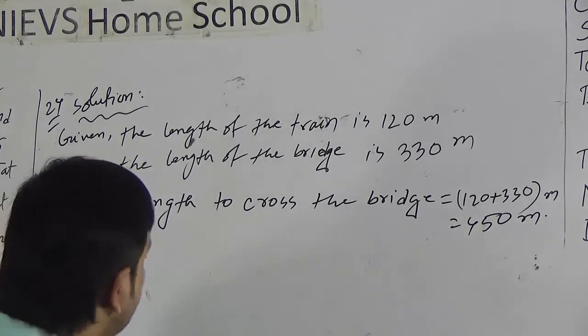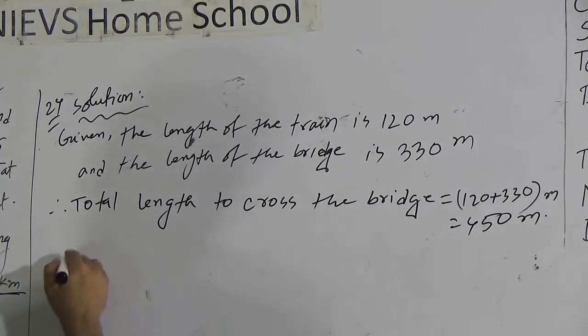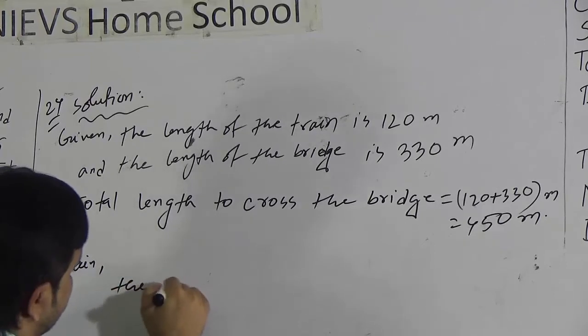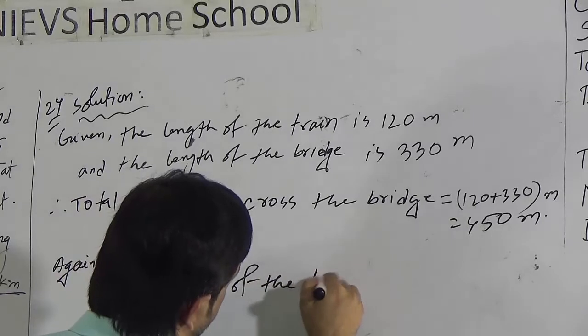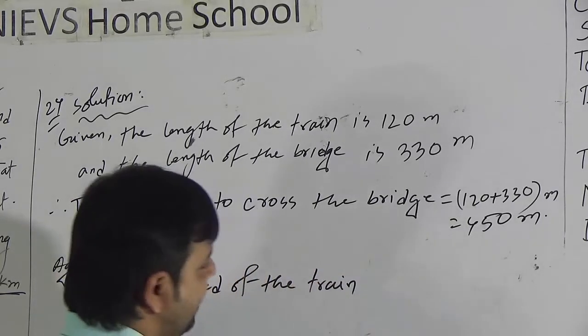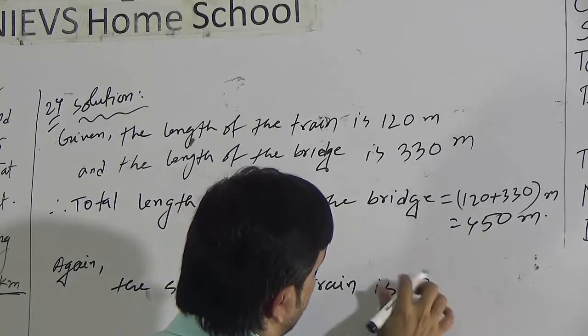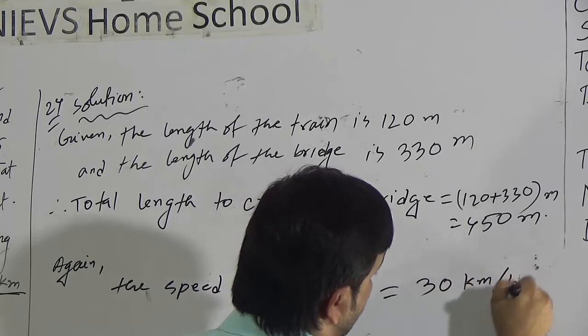So we can write here again, the speed of the train is equal to 30 kilometer per hour.